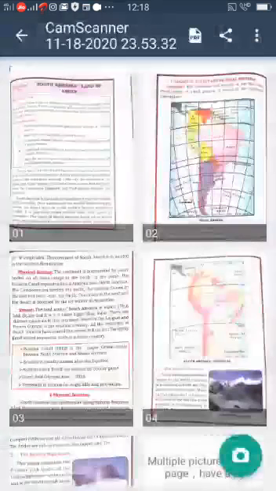Now next we learn about the rivers and lakes of South America. The Amazon, Parana, Paraguay, Uruguay, and the Orinoco are important rivers of South America. The Amazon river rises in the Andes and is the longest river of South America.